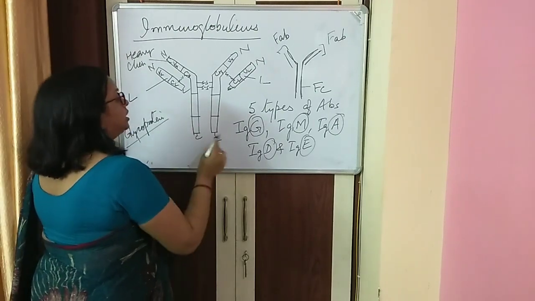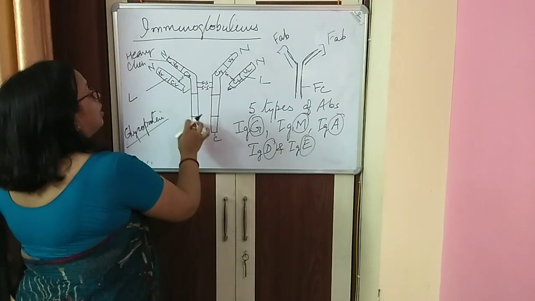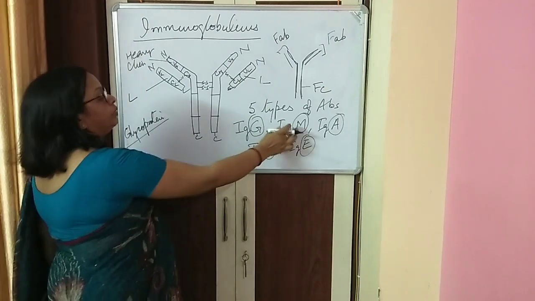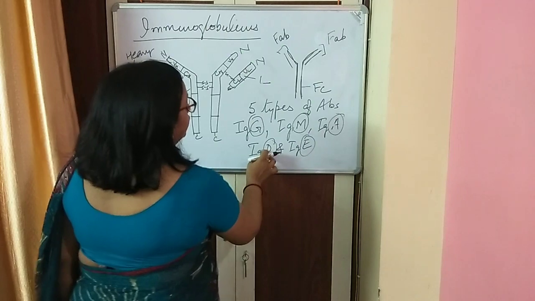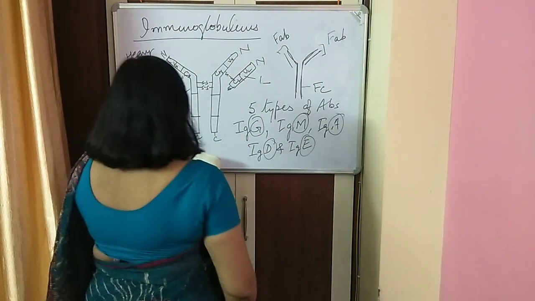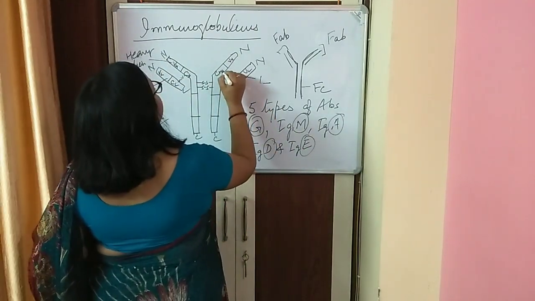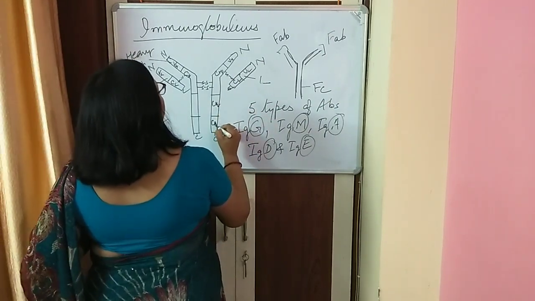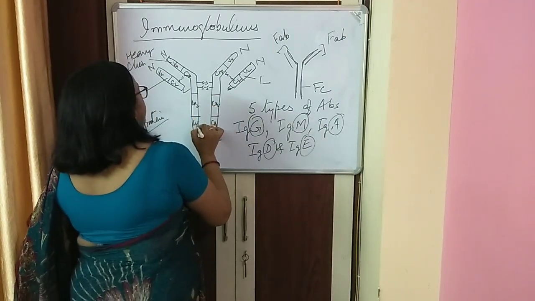For IgG, a gamma chain is there. So the constant regions of the heavy chain have a specific chain, whether it is gamma chain, mu chain, epsilon chain, alpha chain or delta chain. Suppose 3 constant regions are there: CH1, CH2 and CH3.